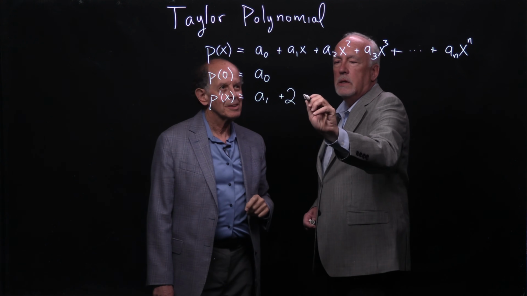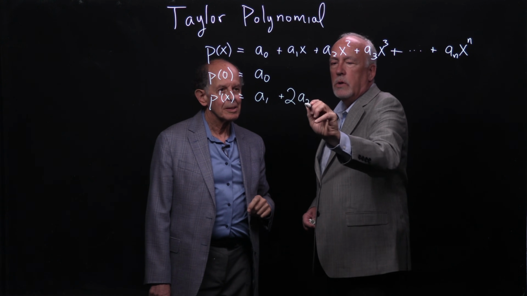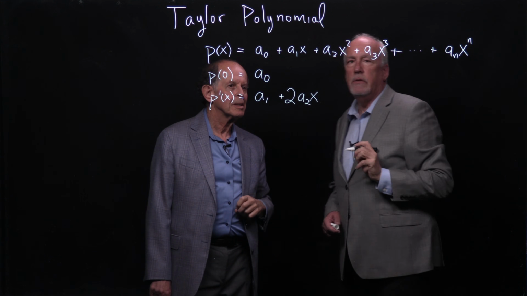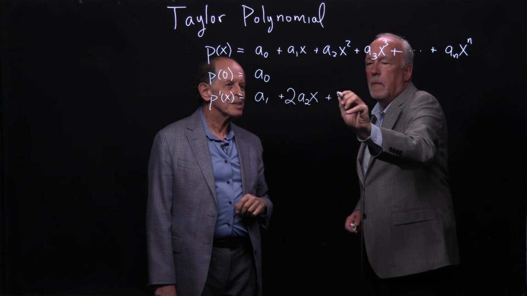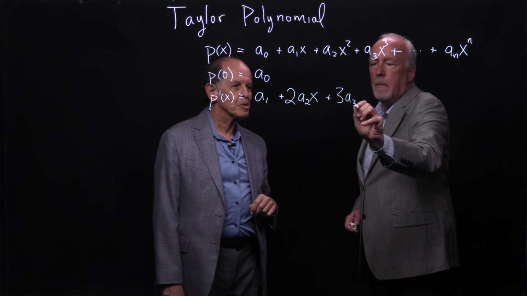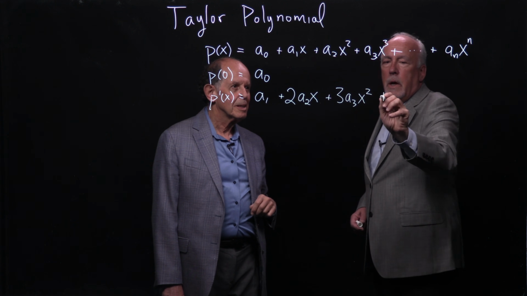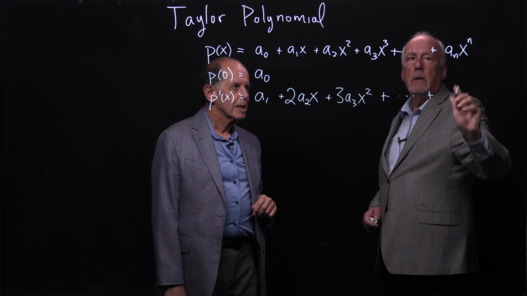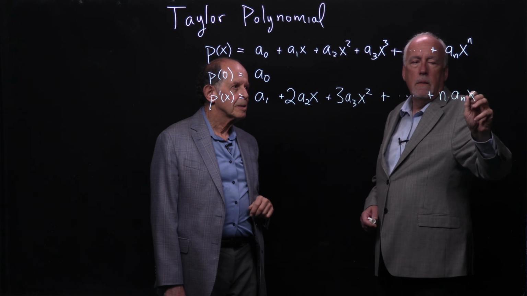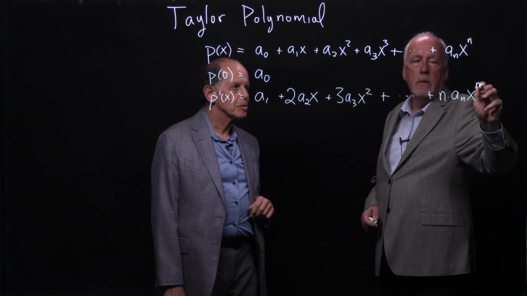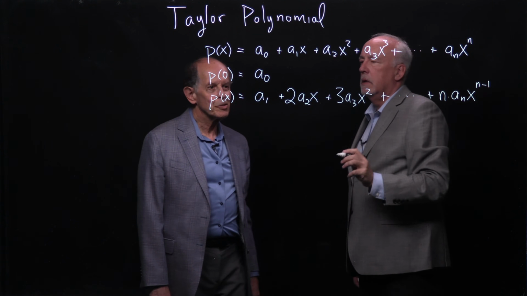We're going to need this later, so I'm going to write it down. This is the derivative, and then here the derivative of a3x cubed is 3a3x squared, and all the way up to the end, n an x to the what power? n minus 1. Right.